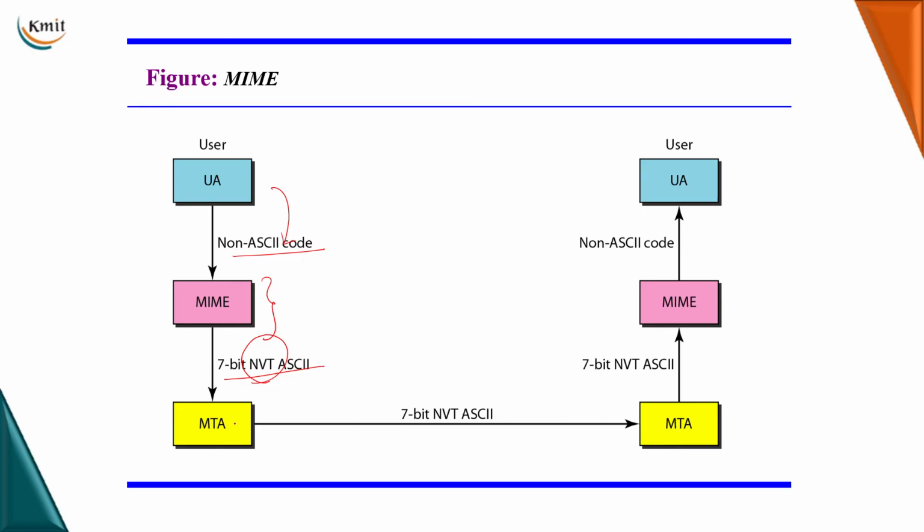Then the message transfer agent will transmit the mail in the NVT format only, and this message transfer agent on the receiver side will give the 7-bit message to MIME, and this MIME protocol will again translate or convert this NVT ASCII code into non-ASCII code, which is being given to the user agent, which is responsible. Here user agent is responsible for sending, and here it is responsible in receiving the mails.